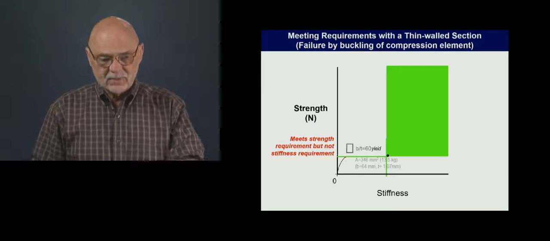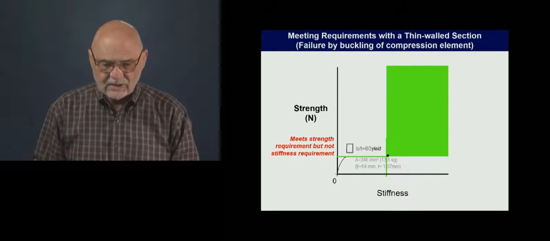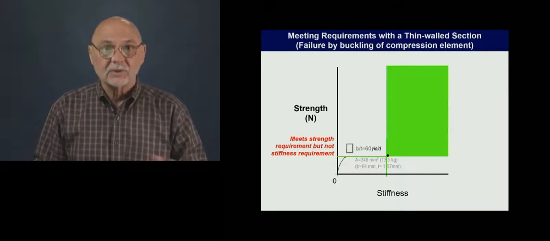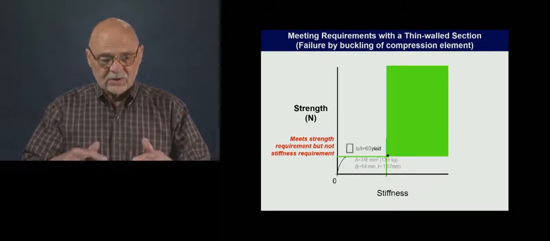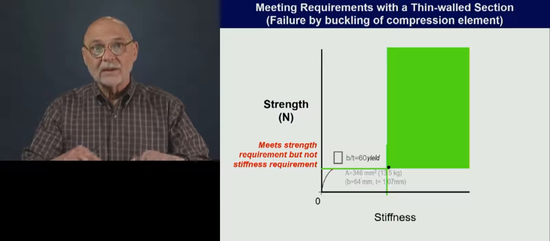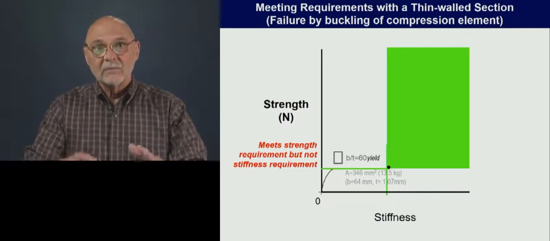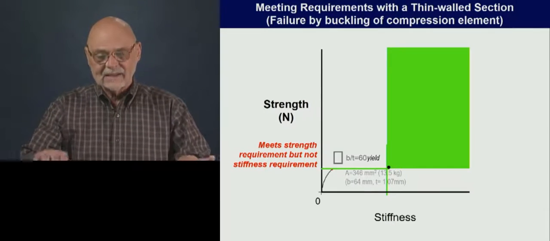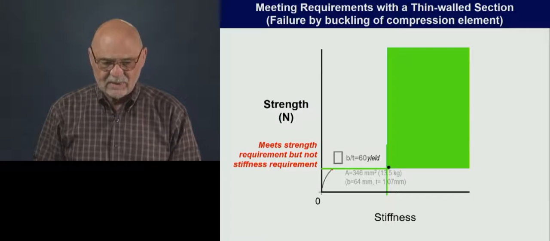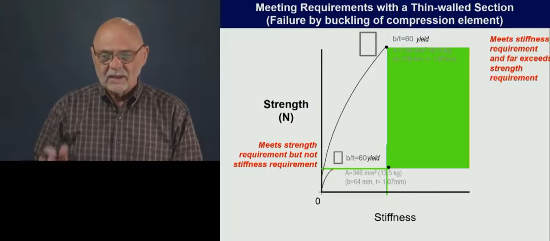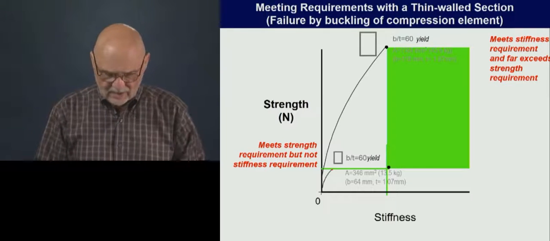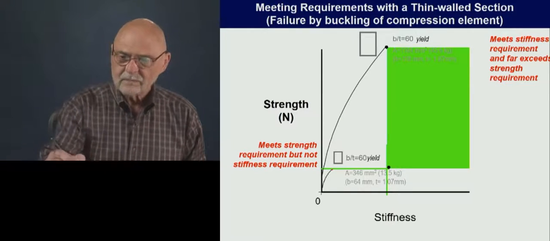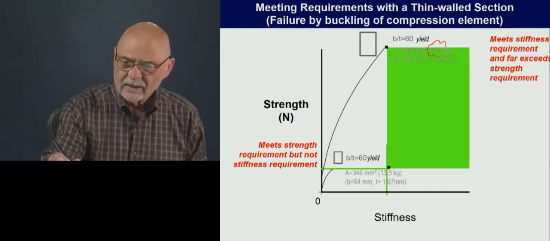So this was the one that we looked at first. Failure by yield met strength but not stiffness. So we would have a car that would be strong enough so when we put all the load on it, it wouldn't fail, but it would be sagging quite a bit, so it wouldn't be meeting the stiffness requirement. Here's the one that met both simultaneously and was thick wall, and here just look at the mass.